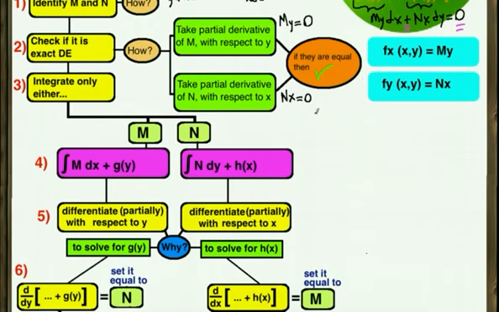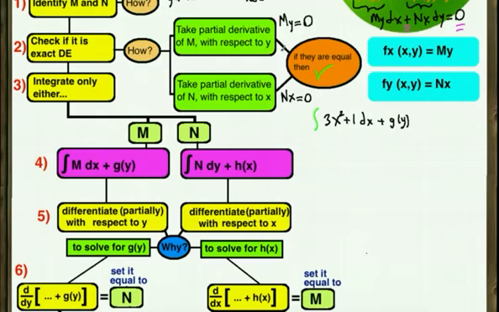So we're going to integrate 3x² + 1 with respect to x, and then we're going to add g(y). Let me write it here so we don't forget it. This is my technique: I add it already and make sure I don't forget it.